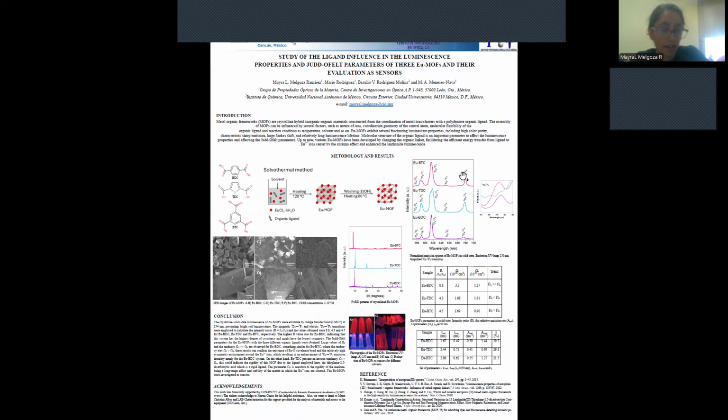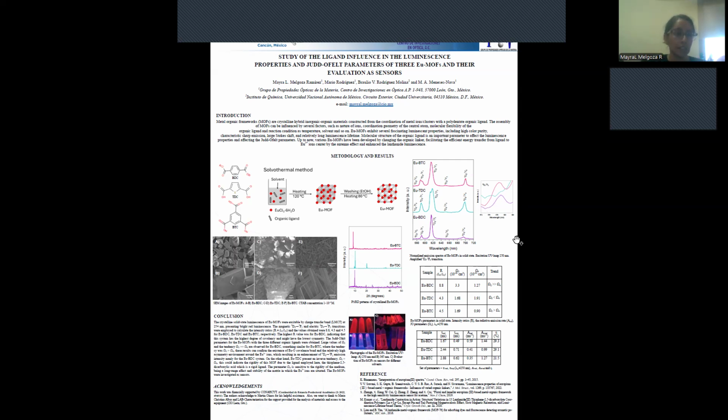We can also see that by the choice of the organic ligand, the luminescence properties can be modified and the Judd-Ofelt parameters affected. The Judd-Ofelt parameters were calculated using the emission spectra, and how we can calculate them is shown in the image with the equations.